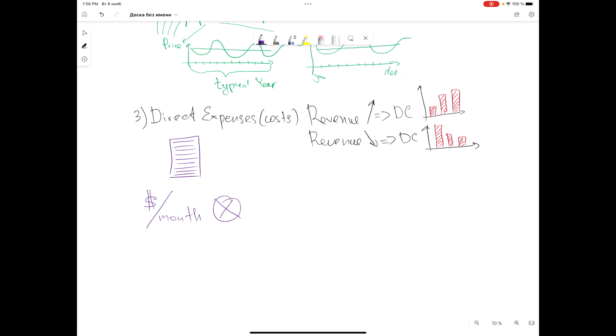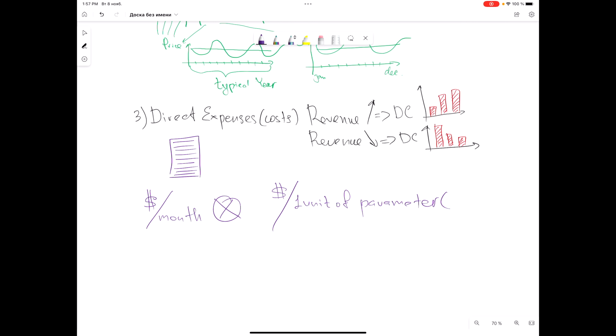We are calculating direct expenses as dollars per one unit of a parameter.